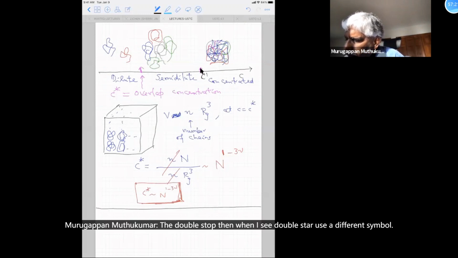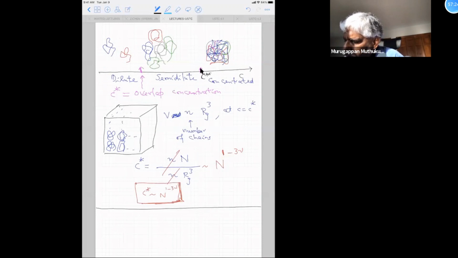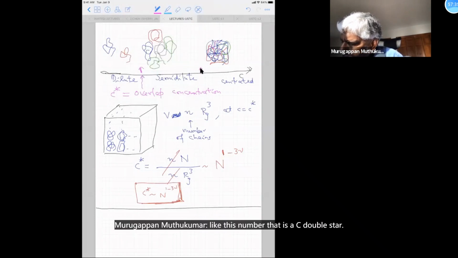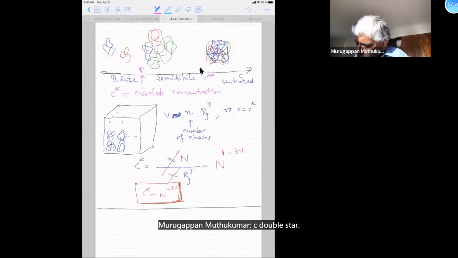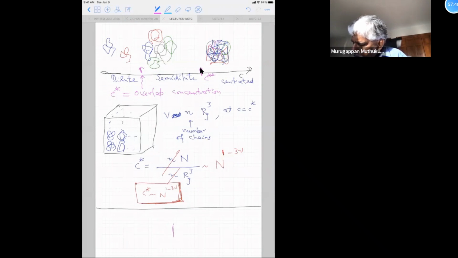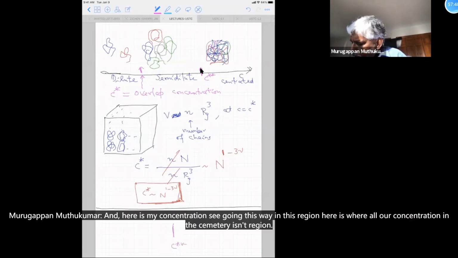Let me write C double star, using a different symbol. Here is my C double star, and here is my concentration C going this way. In this region, here is the overlap concentration.